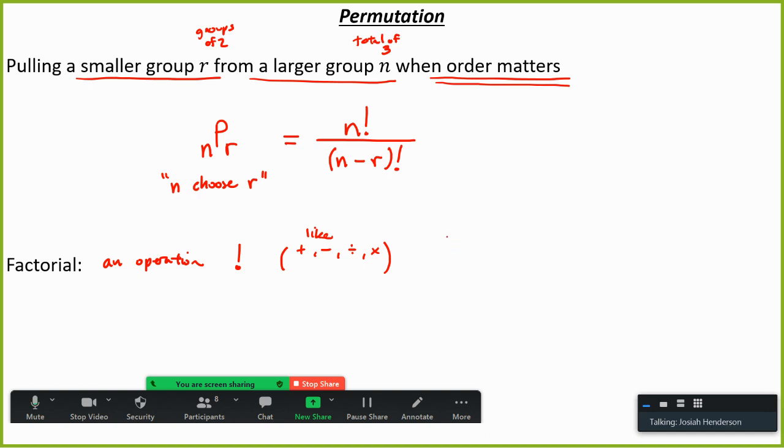So how do we compute or simplify a factorial? What does it mean?